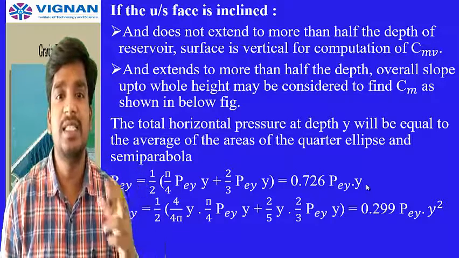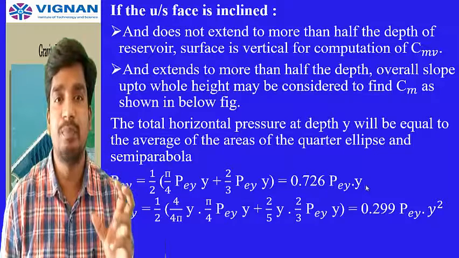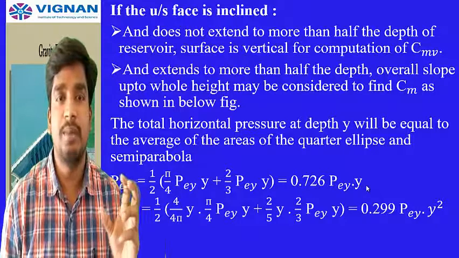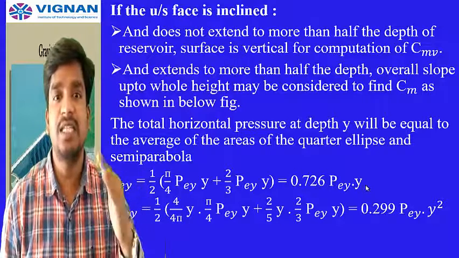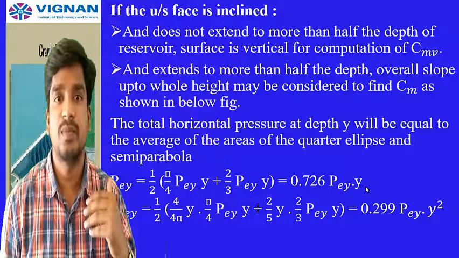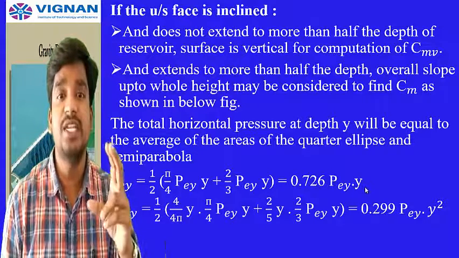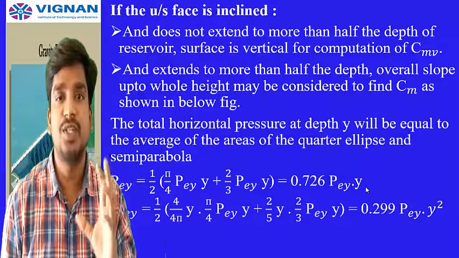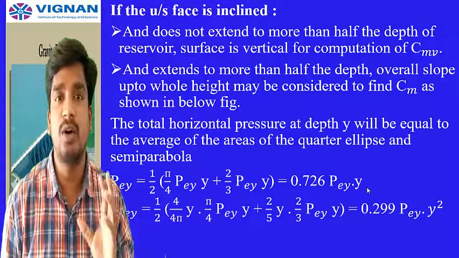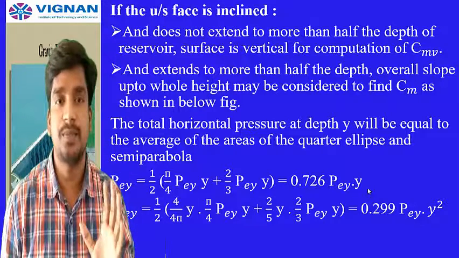In that case, for the computation of CM, the surface is considered vertical. Means the inclined portion is not considered if the height of the inclination is less than half of the height of the dam. For computation of the CM coefficient or constant, it is treated as a vertical surface.